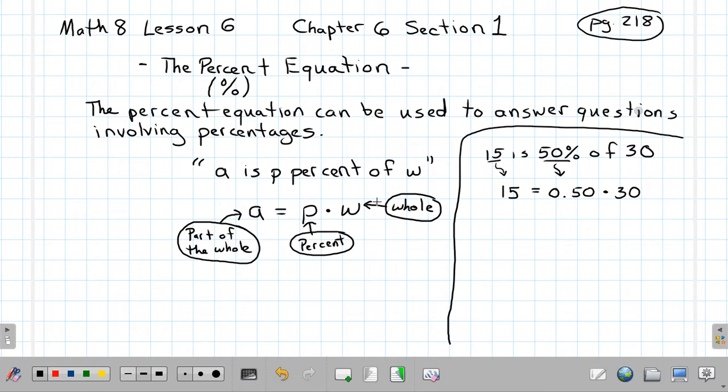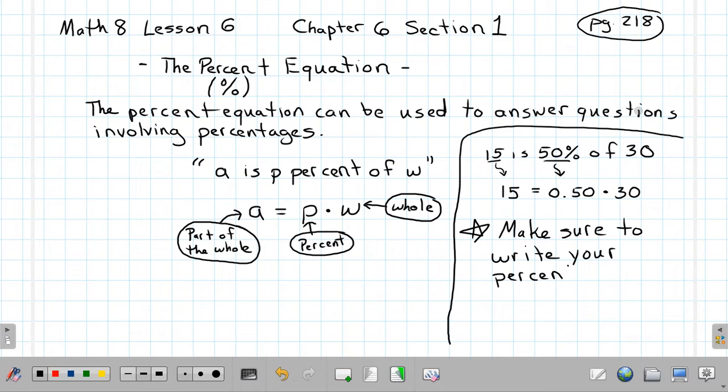So once again, the biggest thing here is to make sure to write your percentages as decimals when multiplying.